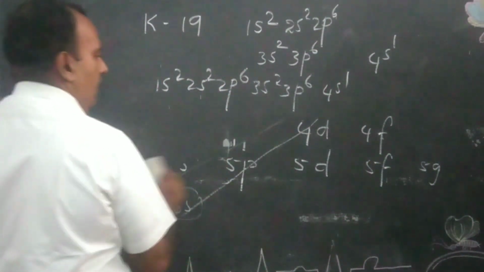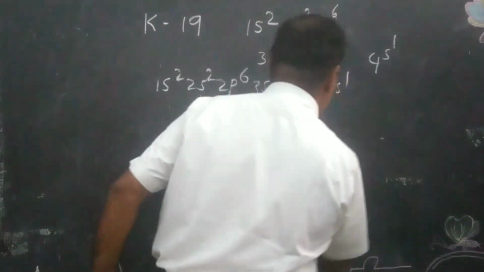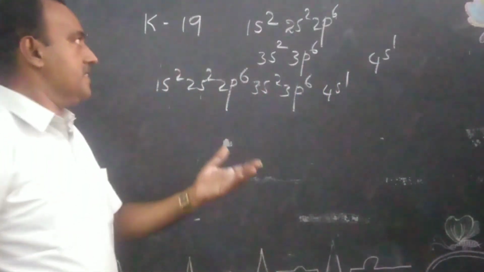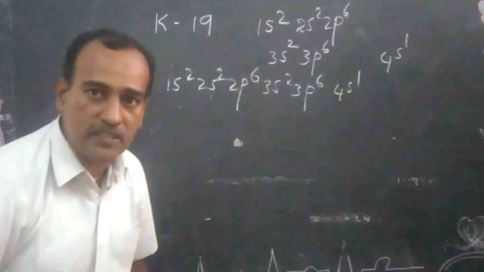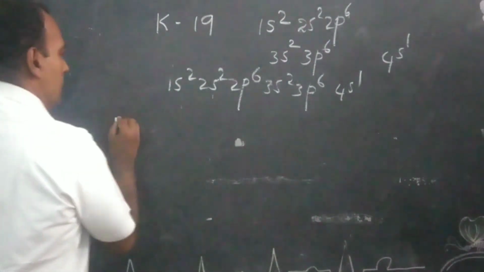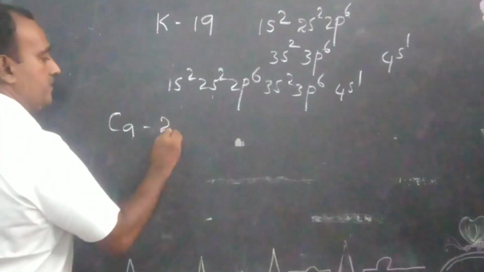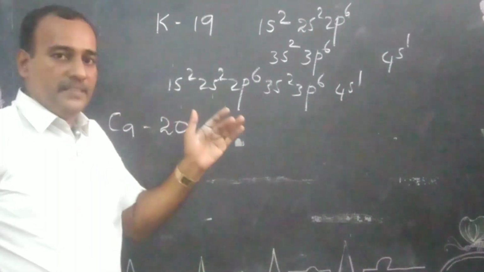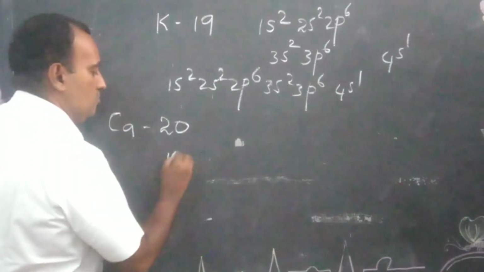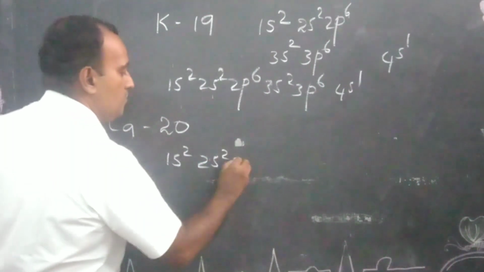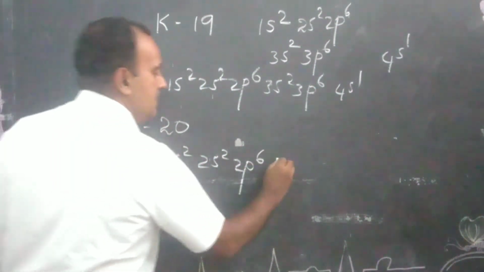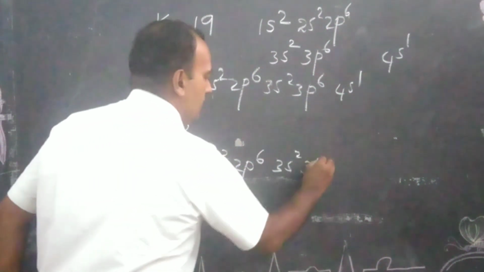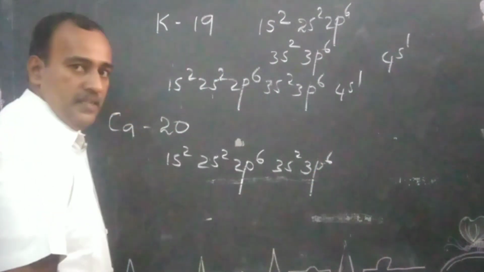So once again, I will give another example. How can you write the electronic configuration of calcium? For writing calcium, you know the atomic number is 20. So you write 1s2, 2s2, 2p6, 3s2, 3p6.